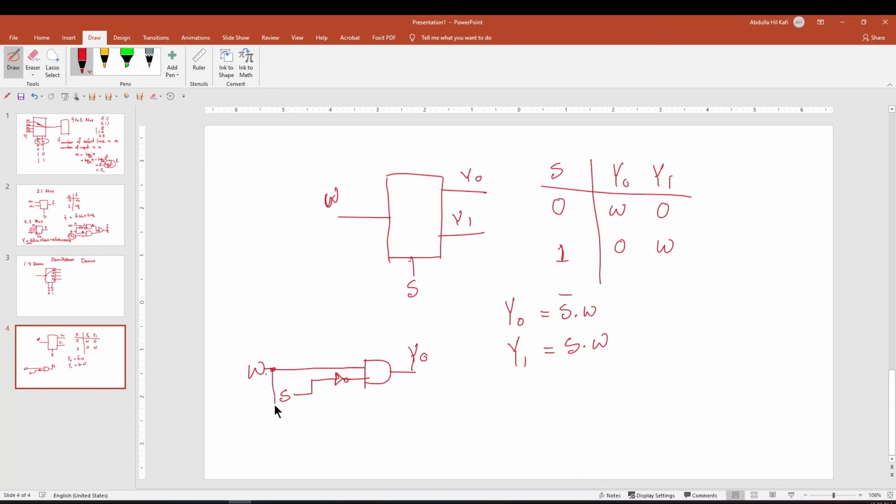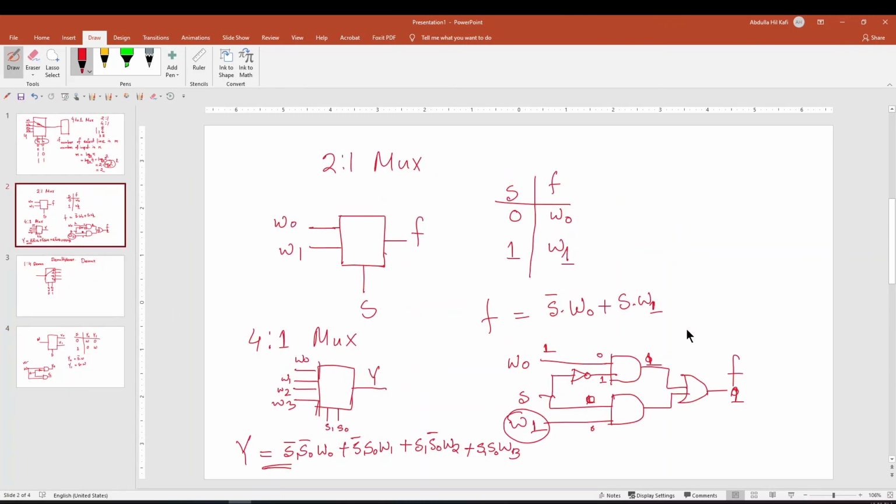From here W goes to here, S goes to here, and this will become our y1. So depending on S, W will come to y1 or y0. This is actually our demux circuit, and this is our 2 to 1 multiplexer or mux circuit.